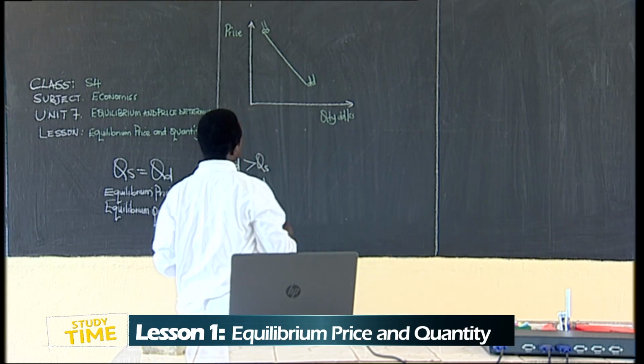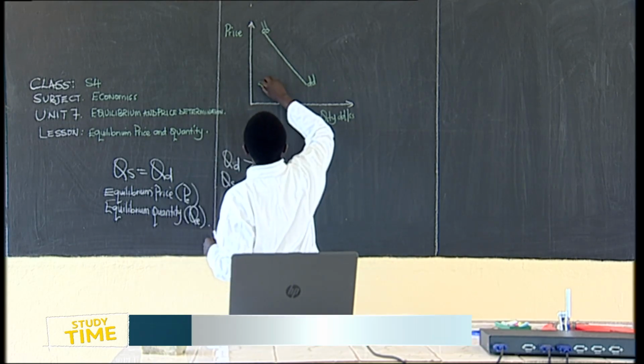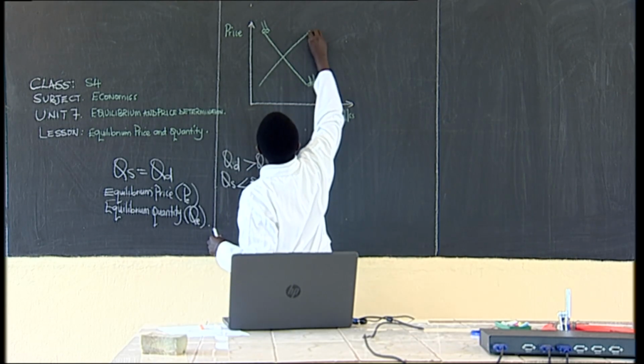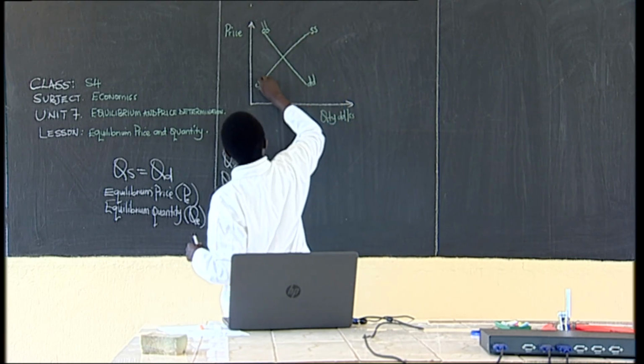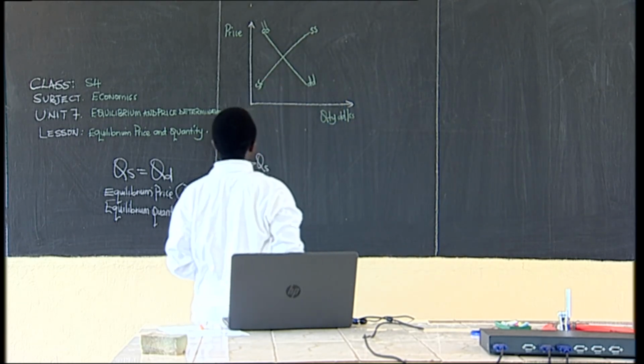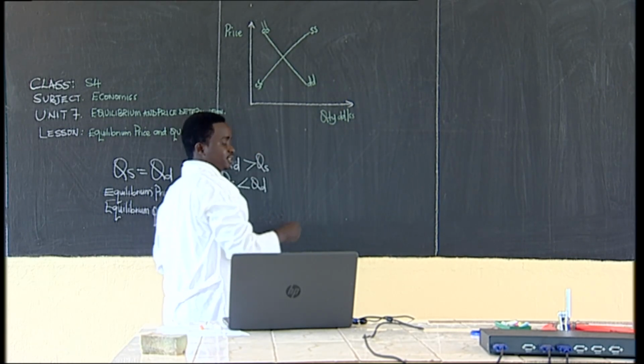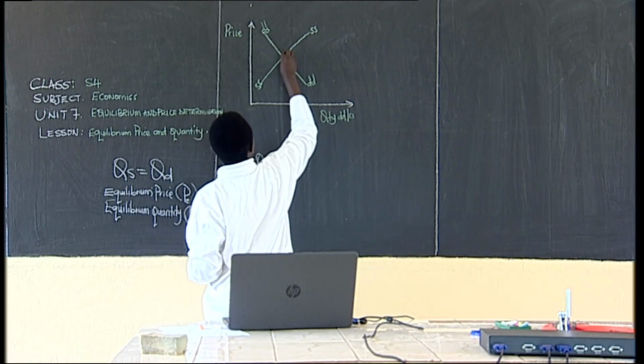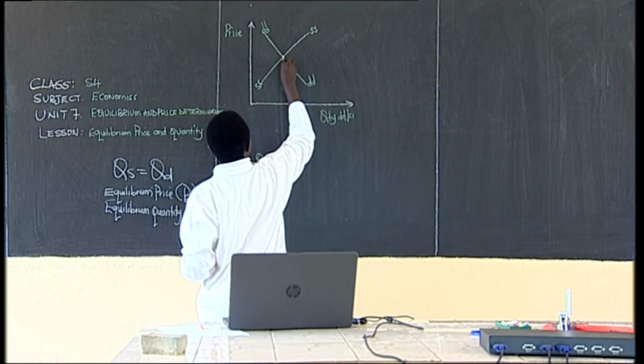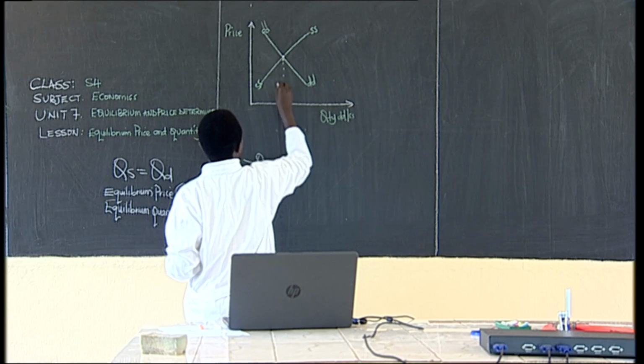And then we have our supply curve, which has a positive slope. The point where these two curves intersect is the equilibrium point.